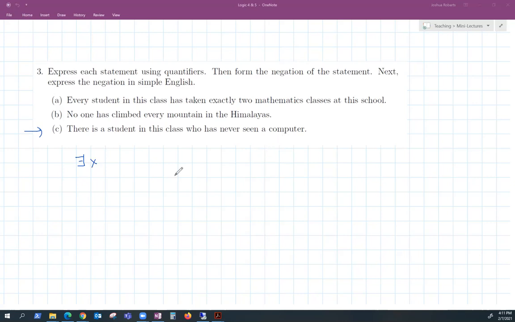So the way I'm going to write this is, there exists an X such that for all Y, S of X and Y. So what am I saying here? X, the domain is going to be all students. Y, the domain is going to be computers.